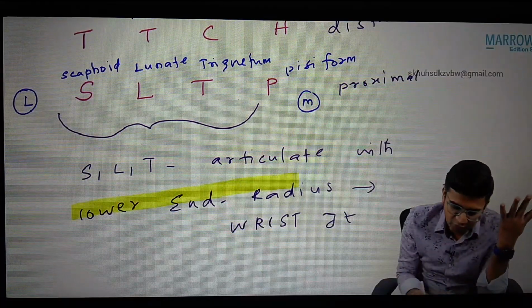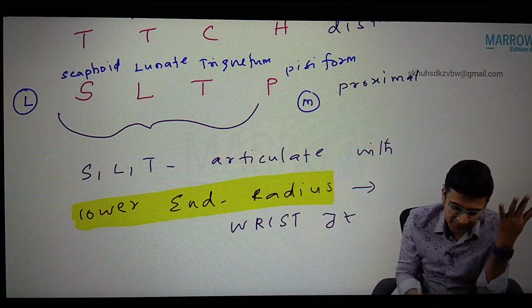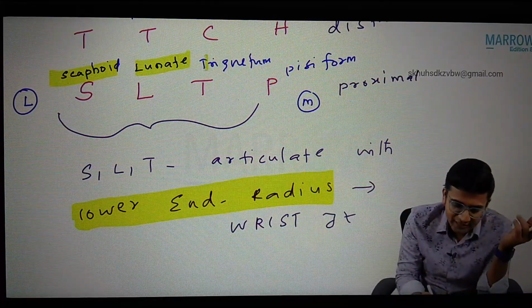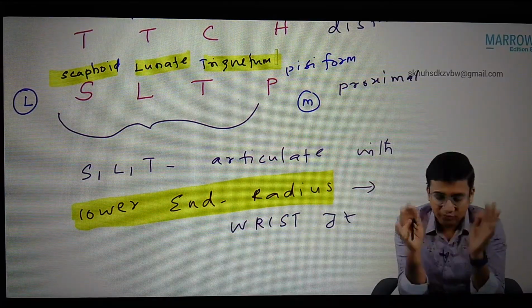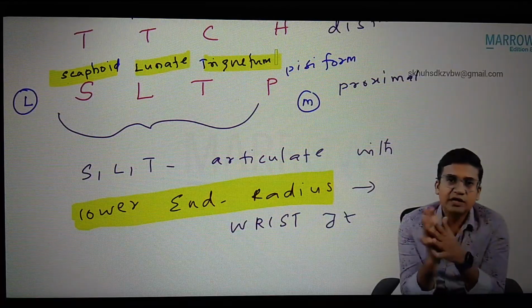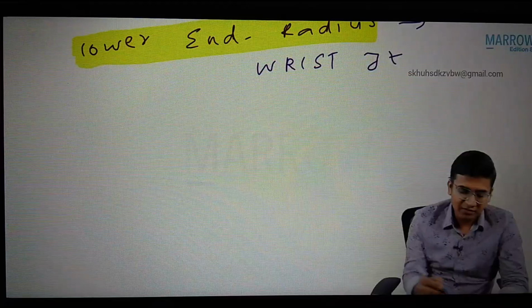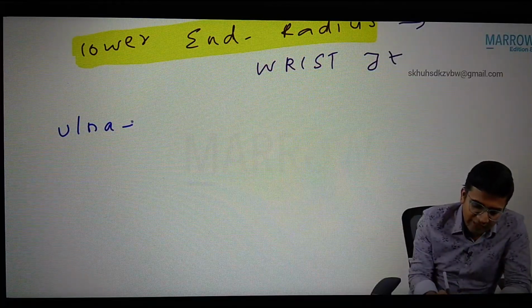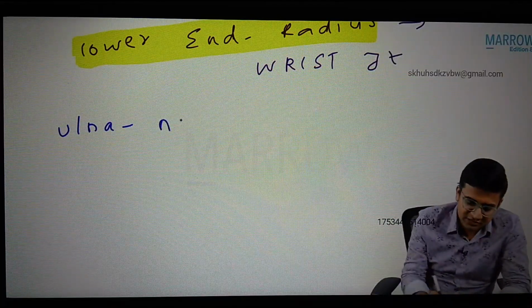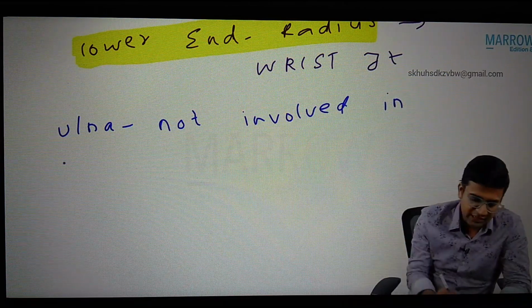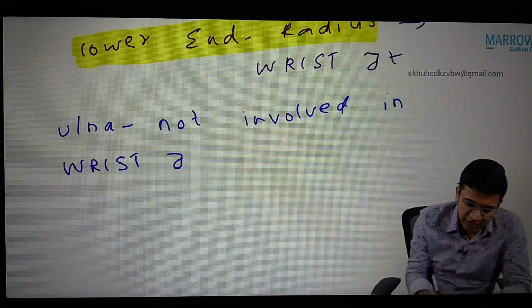Proximally, we have the lower end of radius. Distally, we have scaphoid, lunate, and triquetrum. Now the point is, is the ulnar bone involved in wrist joint formation or not? No. The ulna is not involved in wrist joint formation.